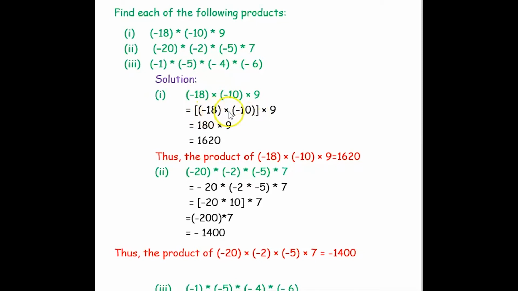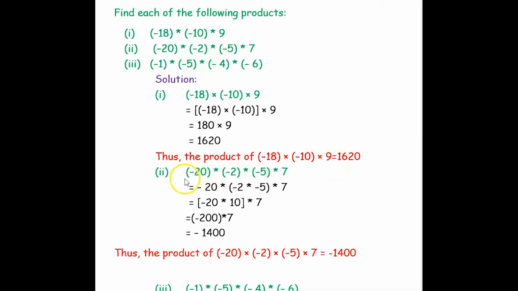Negative 18 into negative 10: negative into negative will become positive, 18 into 10 is 180. So 180 into 9 is 1620. So the product of negative 18 into negative 10 into 9 is 1620, which is positive.